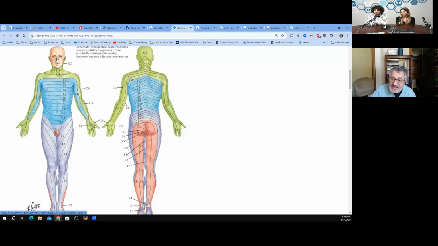Because the head is made of practically the front segment of our embryonal tube, and cranial nerves 1 to 12 literally create the head's dermatomal distribution, which is very different because over millions of years it has been organized in that way.